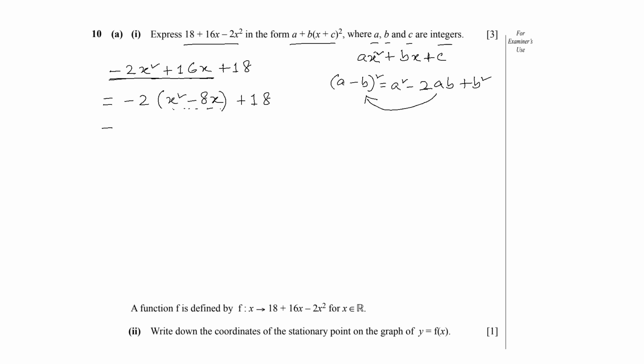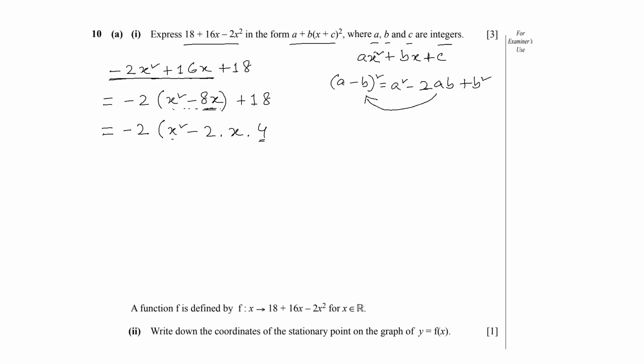So continuing with the next line, I can write minus 2 times x squared minus, I need to write the 2 of the formula, so let me write 2. What is our a? x is our a, so let me write x. So 2 times x. What will be our b? Minus 8x divided by minus 2x is 4. So 4 is our b.